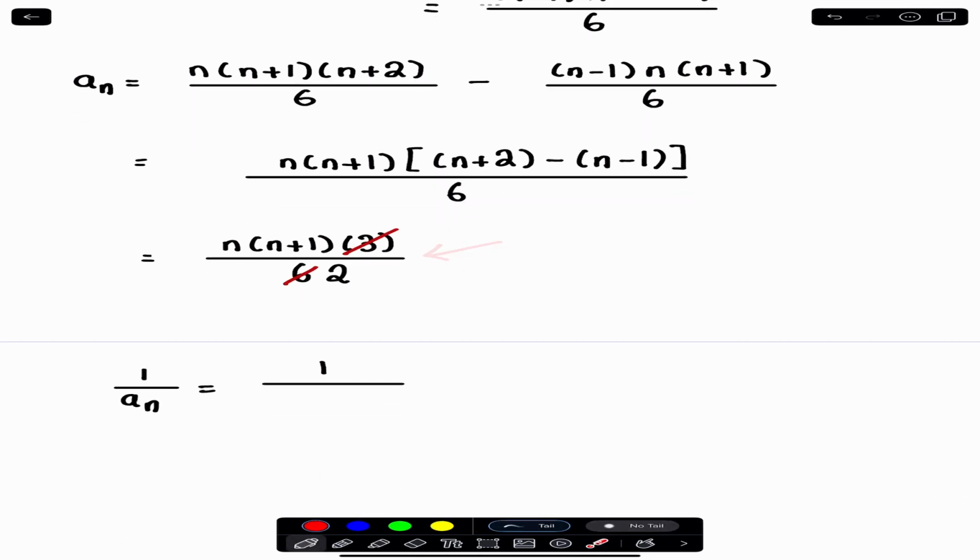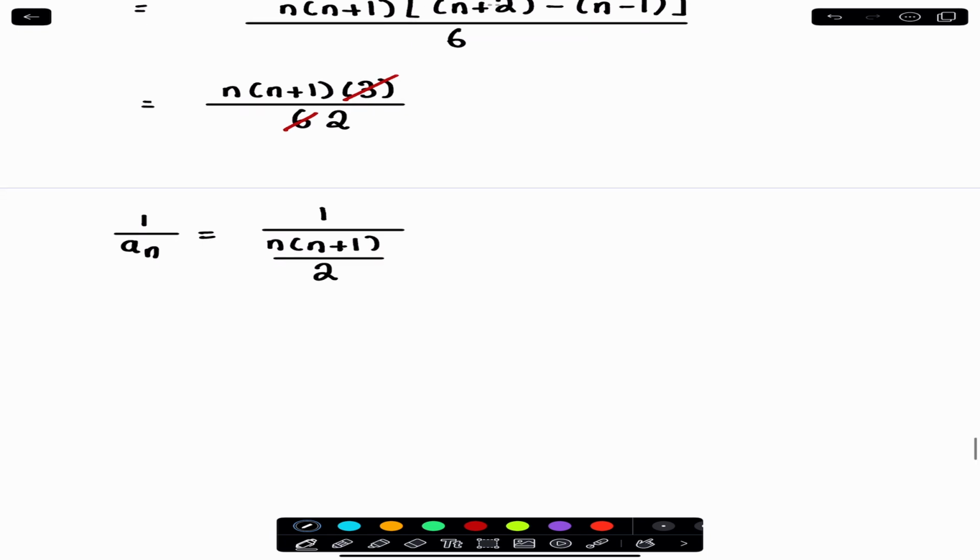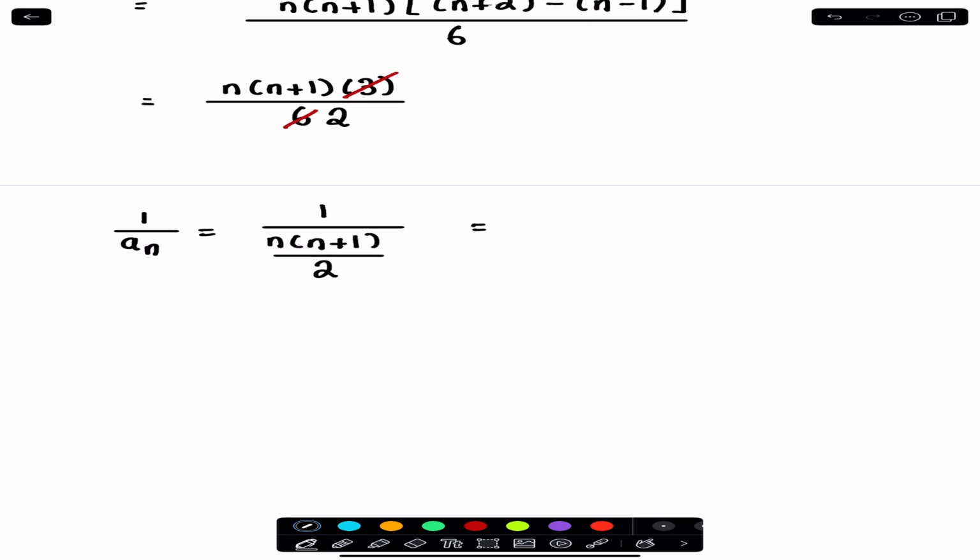It was this over here. And 1 over this ends up being just flipping the fraction, something like this. Sorry, I'm very picky. There we go.